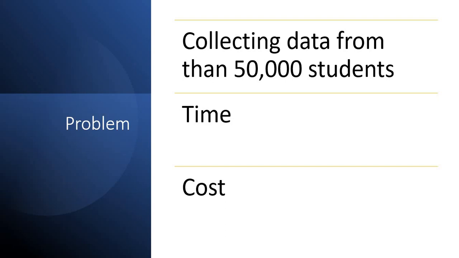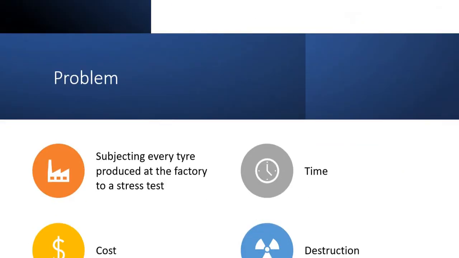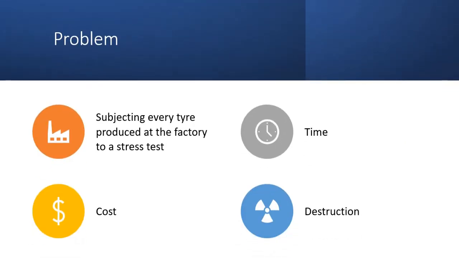So if the university wants to get opinions of the students, it is going to take a lot of time to collect data from 50,000 students, and a lot of costs will also be incurred in terms of time and resources. So what do you do? Let's consider another example.